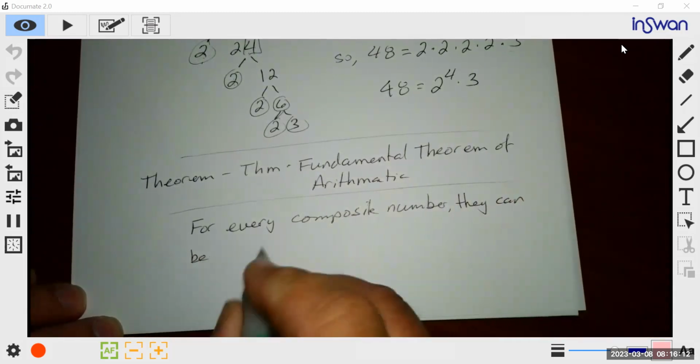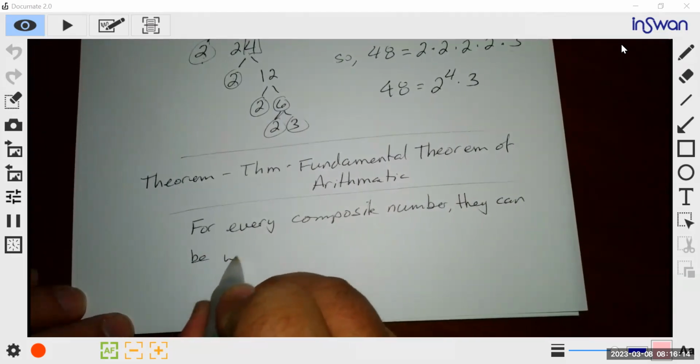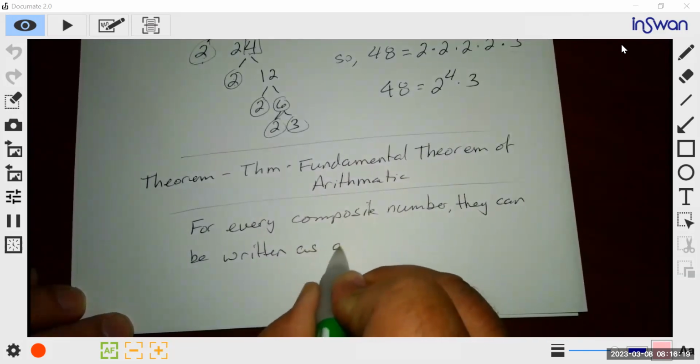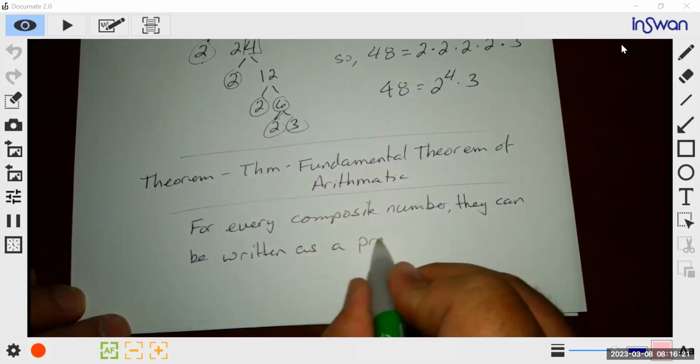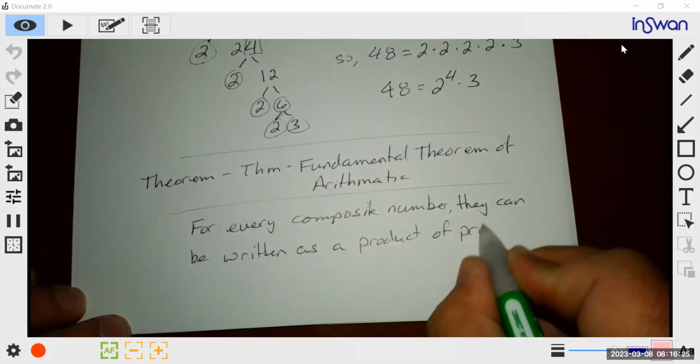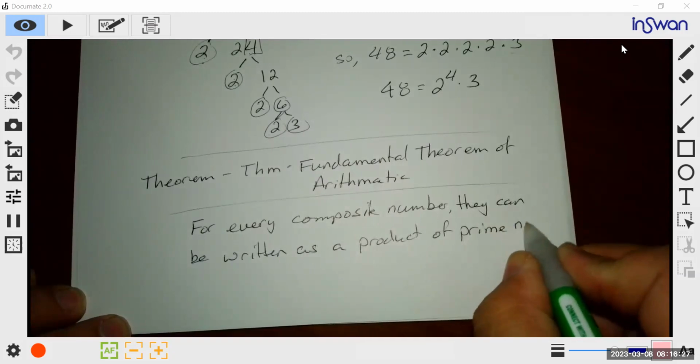they can be written as a product of prime numbers.